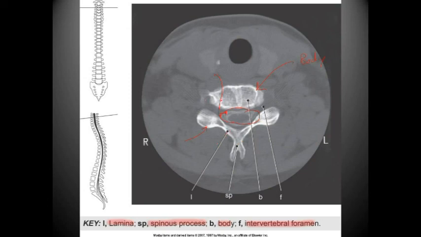Really we're not seeing the pedicle very well, but this looks like it might be the transverse foramen. And so the pedicle would be somewhere in here. And we're seeing this area being the lamina, which brings us to the bifid tip of the spinous process.